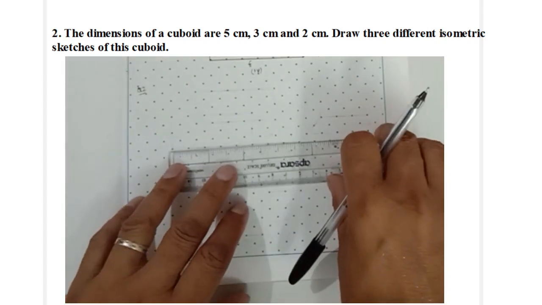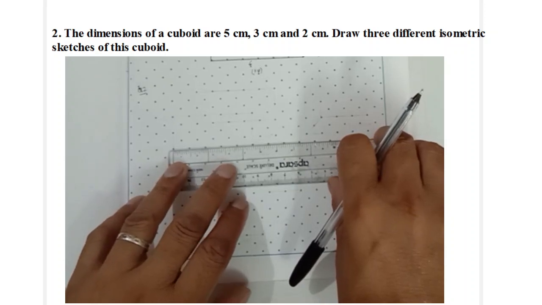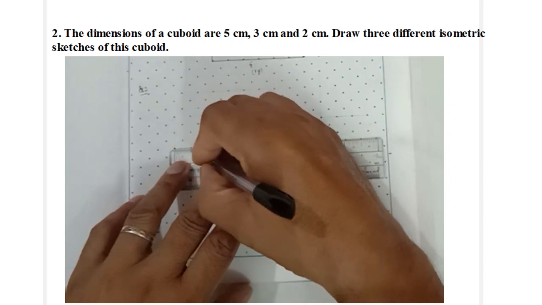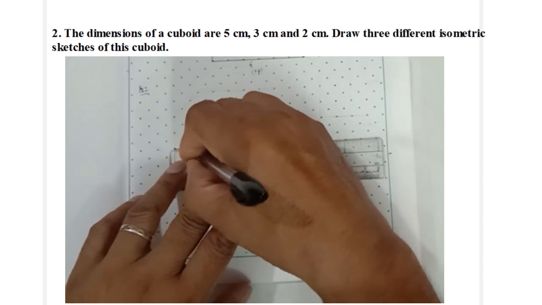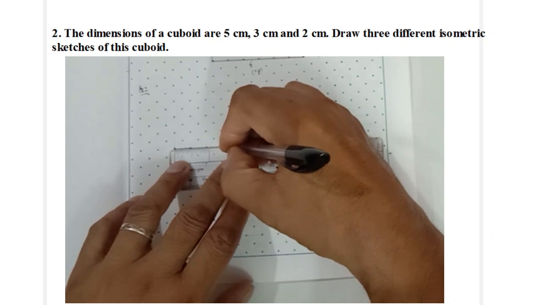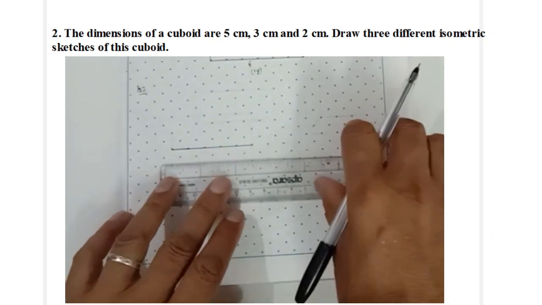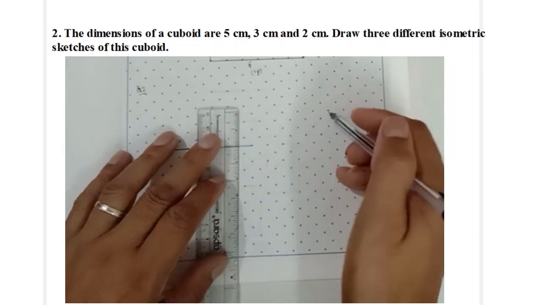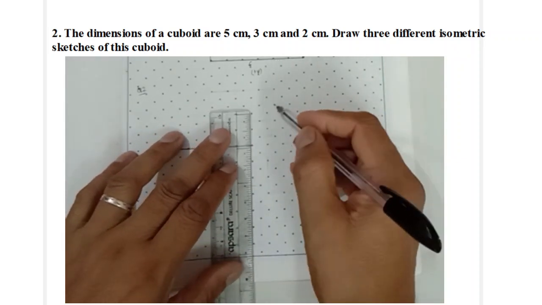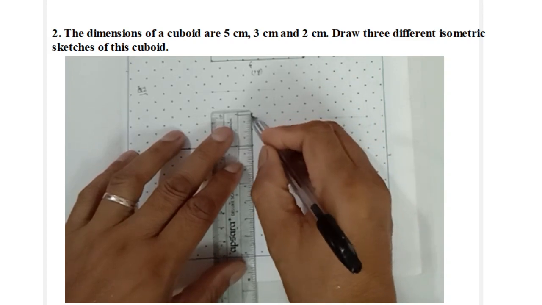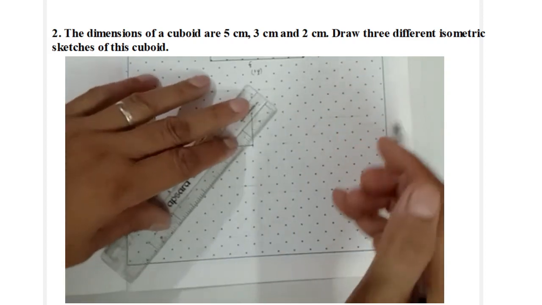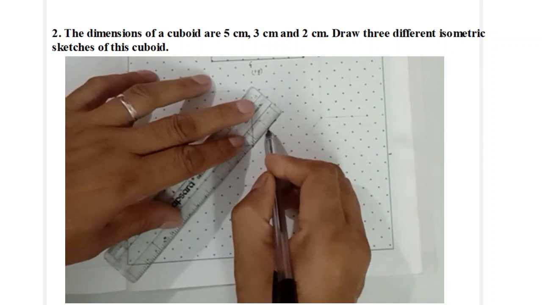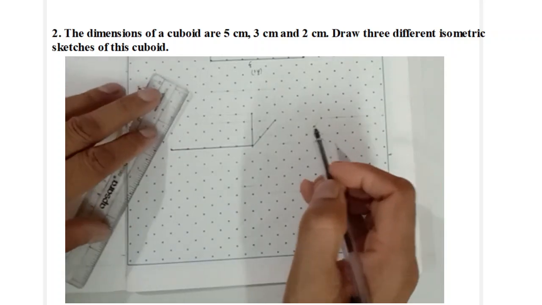So let us take length 5 centimeter, that is 5 dots, that is 1, 2, 3, 4 and 5. Again its height is, let us take 2 centimeter, that is 1 and 2, and breadth, that is 3 centimeter, that is 3 dots, 1, 2 and 3.